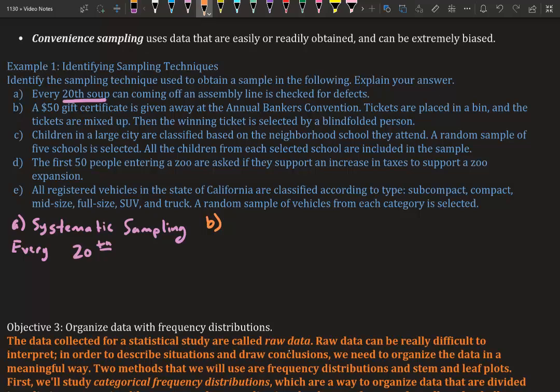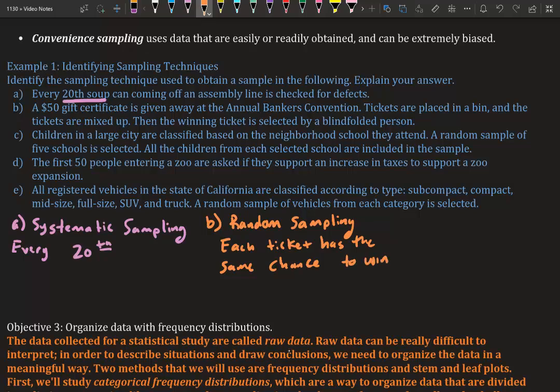So this is random because if you put a bunch of tickets and you mix them up in a bin and you pick them, everyone has the same equal chance of winning. So it's random sampling because each ticket has the same chance to win.